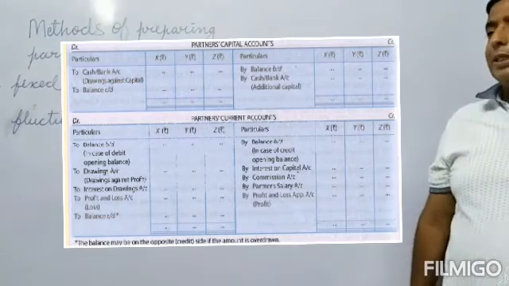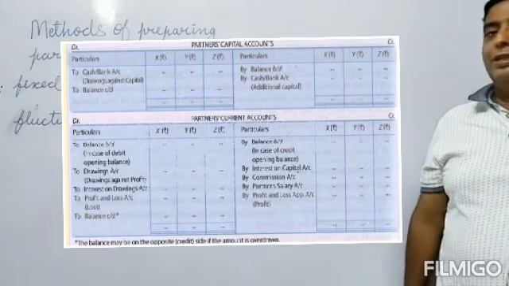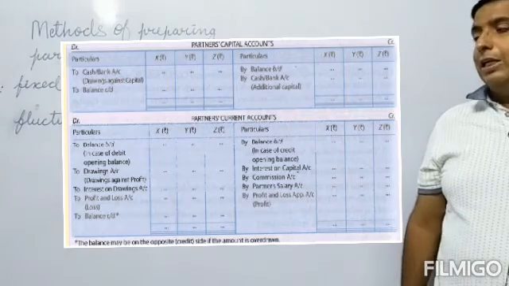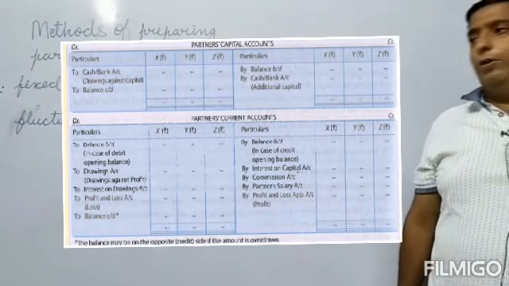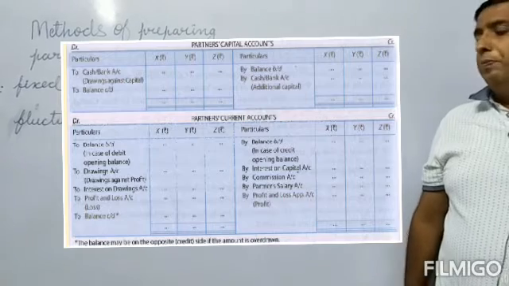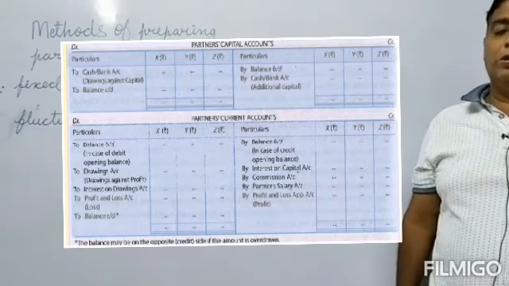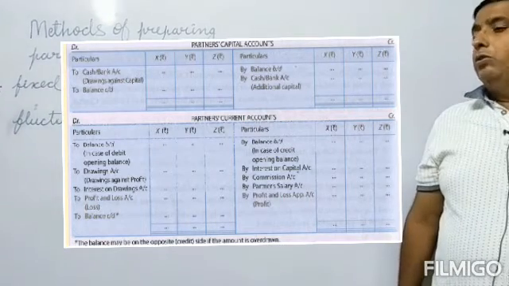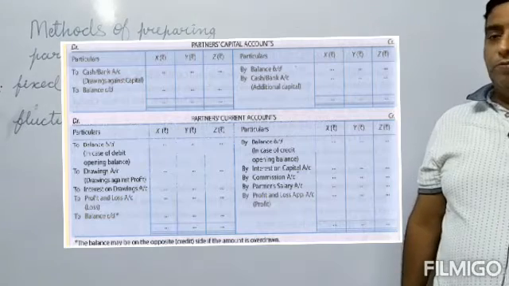On the debit side, all the expenses are written, that is to drawings, that is drawing out of profit, to interest on drawings, to P&L account, that is loss, and to balance carried down.